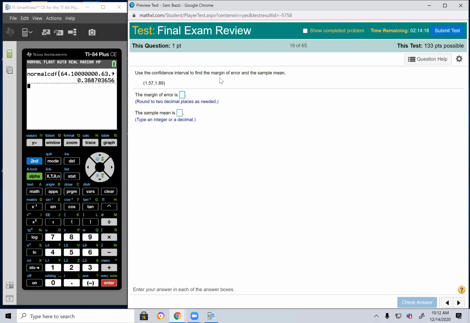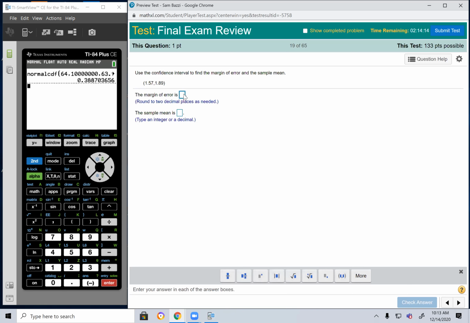Use the confidence interval to find the margin of error and the sample mean. Do you guys still remember how to find the margin of error if you have the interval? What do we do? Subtract them and do what? Divide by 2? Exactly. And then divide by 2.